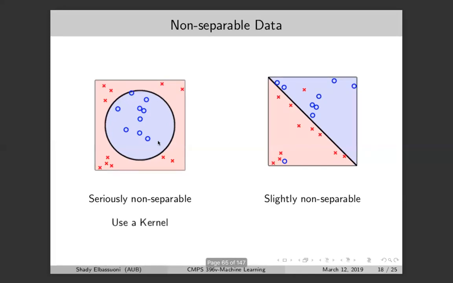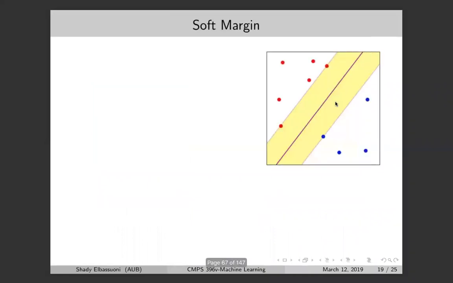For the seriously non-linearly separable data, we typically use a kernel, or the kernel would work better. For data like this, slightly non-separable, typically we use what is called a soft margin SVM. So what's the idea of soft margin SVM? You allow some points to violate the margin. Remember, where are the support vectors? These.